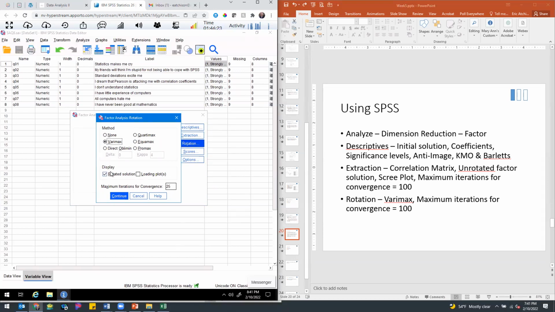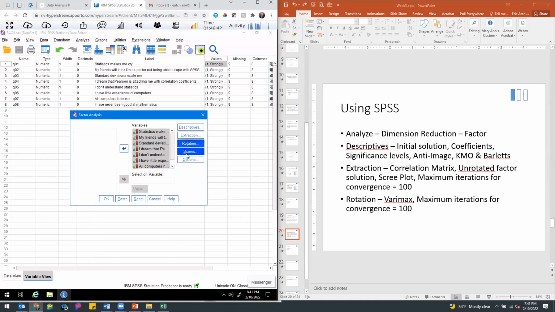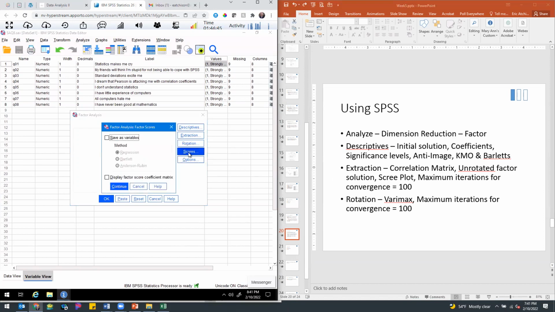All right, so we'll do our loading plots. Apologies if I didn't put that on there, I didn't. That's the plots that show kind of where they land. And then we'll do 100 here also, 100 iterations as a server. All right, ready? Continue. And then scores.